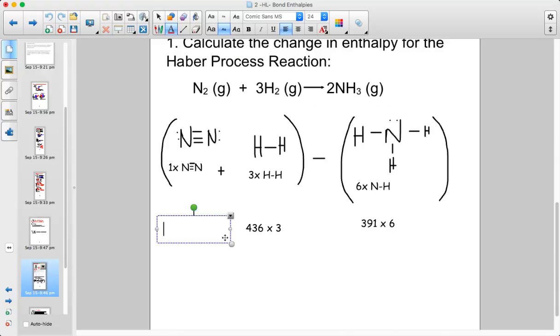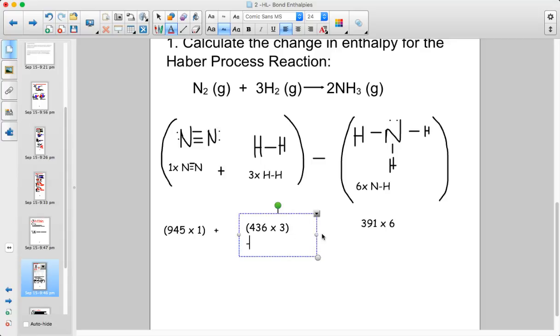So triple bonds are stronger than single bonds, and you can see that clearly right there. So here's the energy to break that, plus 436 times 3. And if you added these up, that would be the total energy in. There's our minus sign. And over here, we've got our 391 times 6.